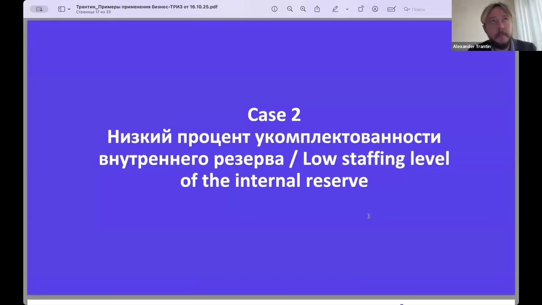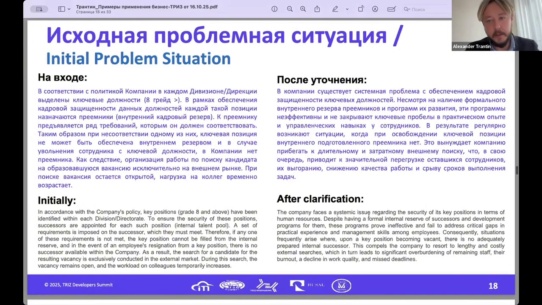So this is the case that we had with medical specialists. Case number two is more typical for some companies, and quite relevant.